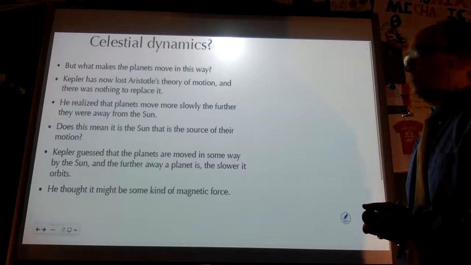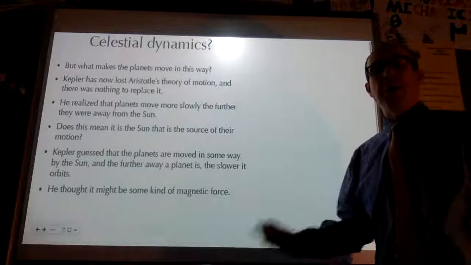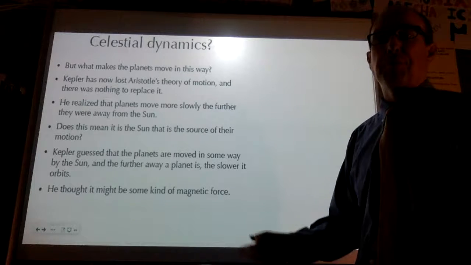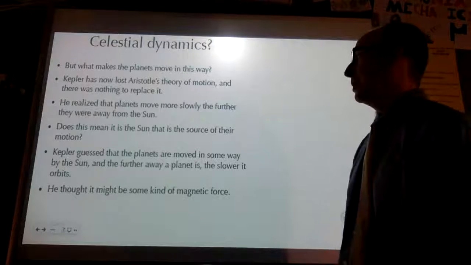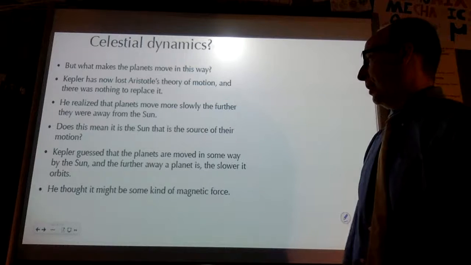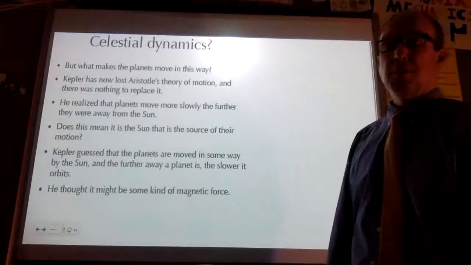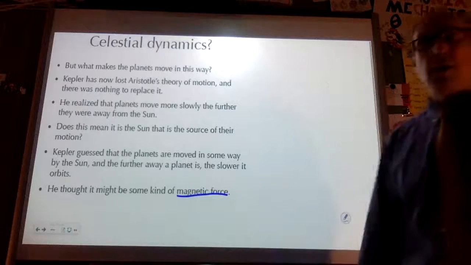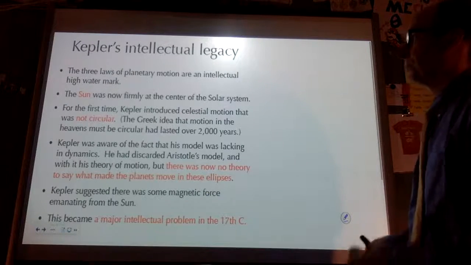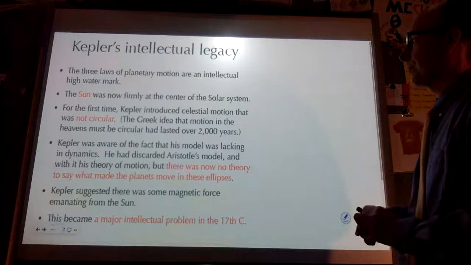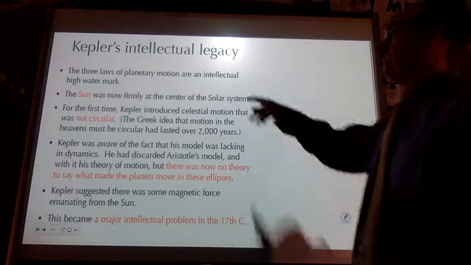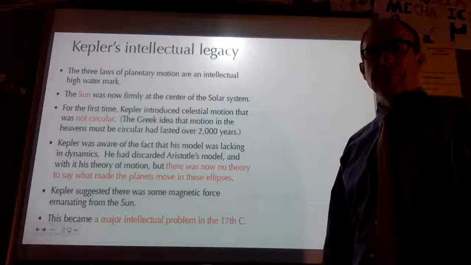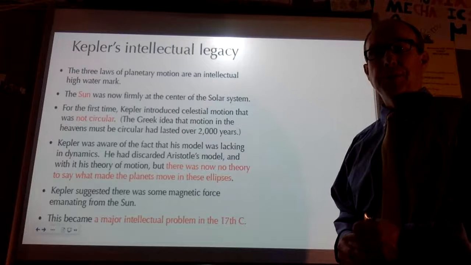What makes the planets move this way? You can see that it's opening up a door for Newton to explain this elliptical motion with a force. Kepler thought it was a magnetic force, which he wasn't that far off. We still remember him because this made a big difference.